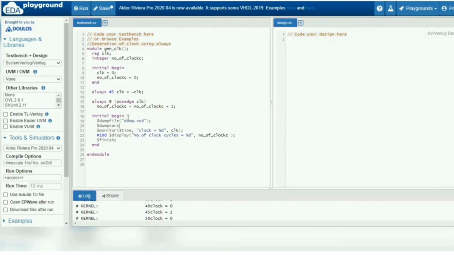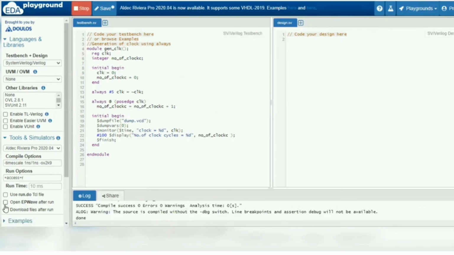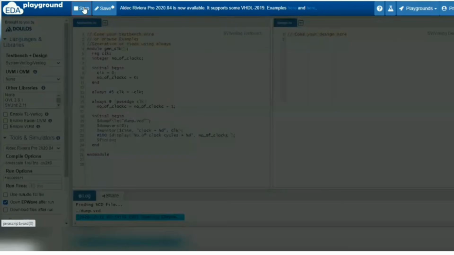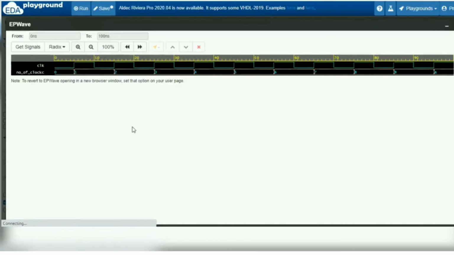Then $dumpvars. I'm taking 0 here; we can take 1, there is a difference. And we have to select the option. Then we'll see the simulation waveform here.